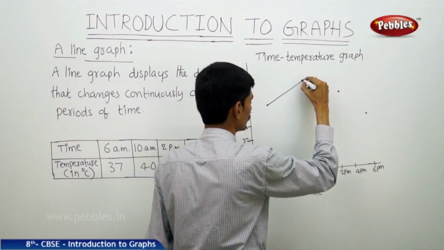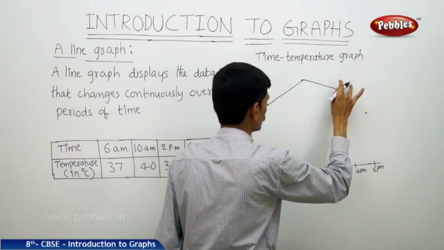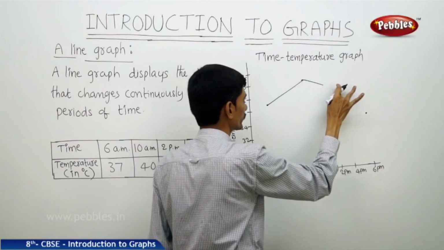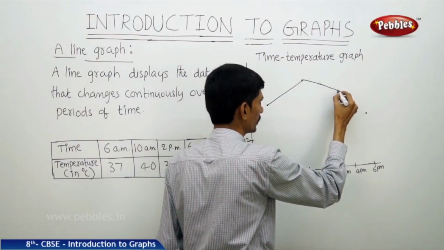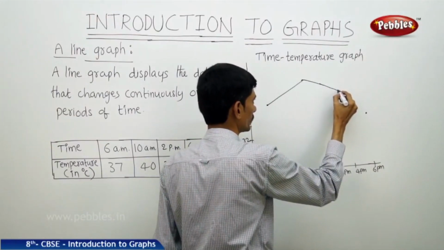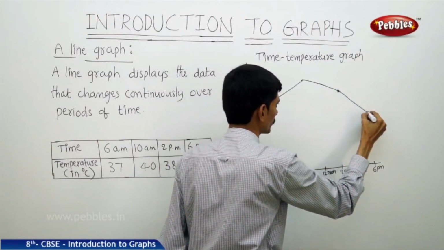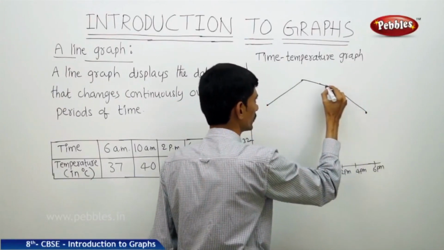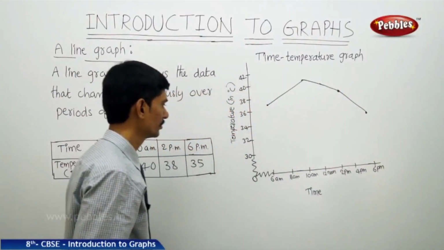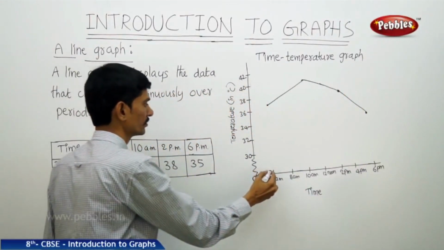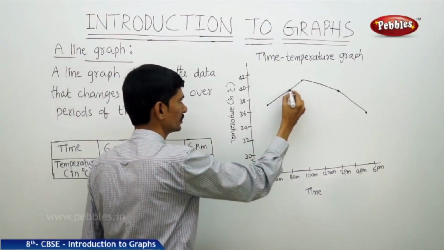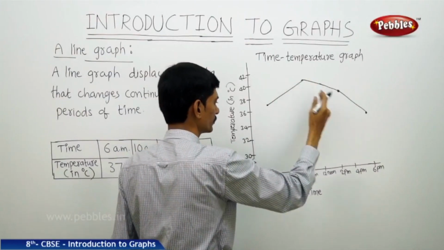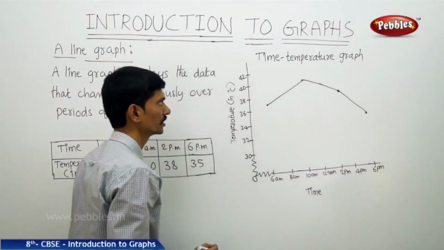In this case, this is also known as a time temperature graph, because we are taking time on the horizontal line and temperature on the vertical line. If you observe the pattern of the temperature, from 6 a.m. to 10 a.m. it was increasing, then from 10 a.m. to 6 p.m. it was decreasing.